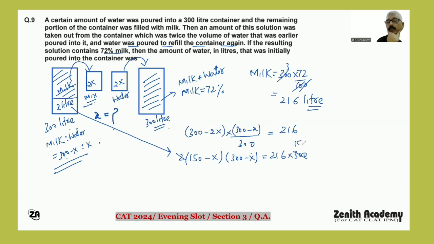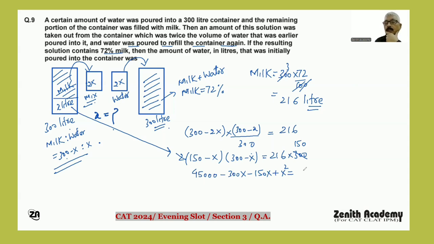This is 150 into 150, and this is 45,000 minus 300x minus 150x plus x square.